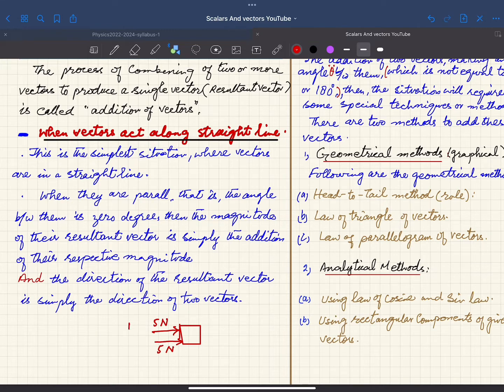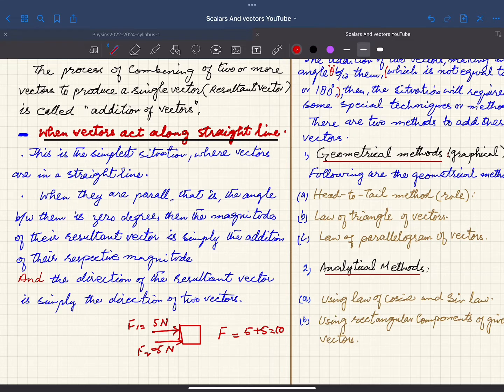That is, F1 and F2 are the two vectors here. The resultant vector, suppose F, will be the simple addition of these two as far as the magnitude is concerned, and of course the direction of this vector is the direction of these two vectors.